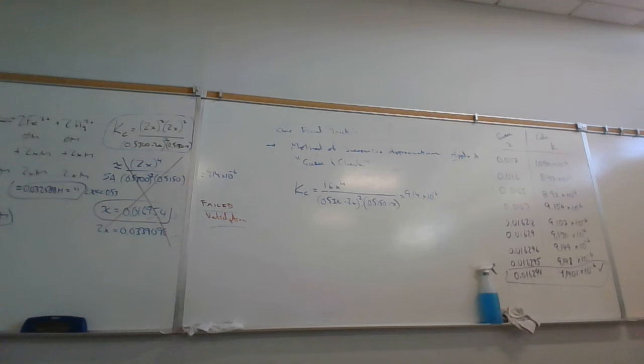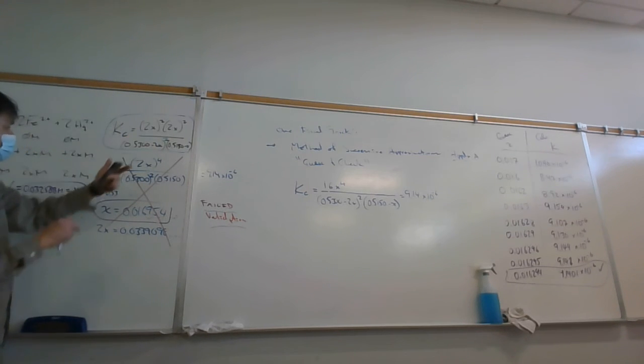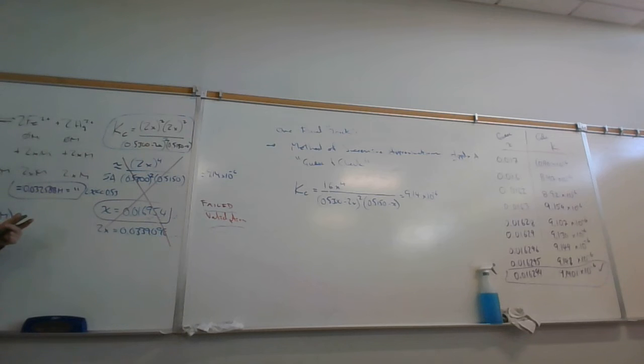And so let's double check our answer by calculating K based on these concentrations here. And so I'm going to go with 0.032588. And that's going to be times 16, square that. So I'll go ahead and square that.